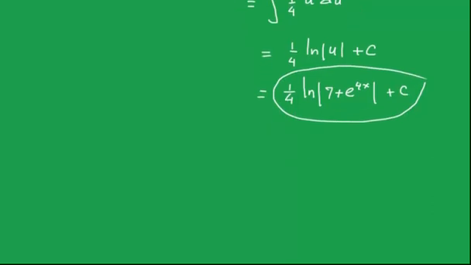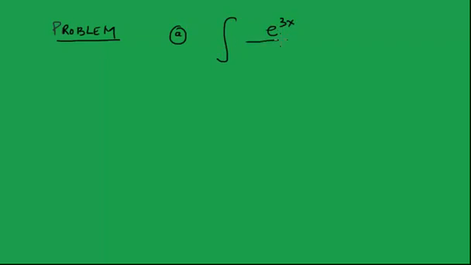Now for practice, I'm going to assign some problems. Find the antiderivative of e to the 3x over e to the 3x minus 1 dx.